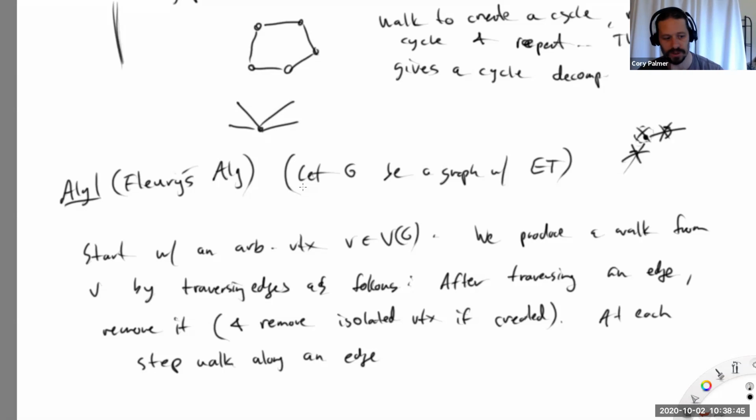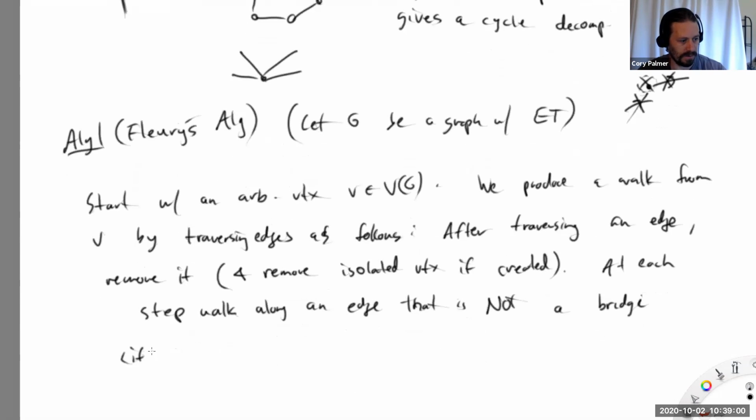You want to avoid bridges, if possible. Sometimes you have no choice. Sometimes the edge might be a bridge and then you have to walk across it. Always walk along an edge that is not a bridge if one is available at the current vertex. Okay, that's the entire algorithm.